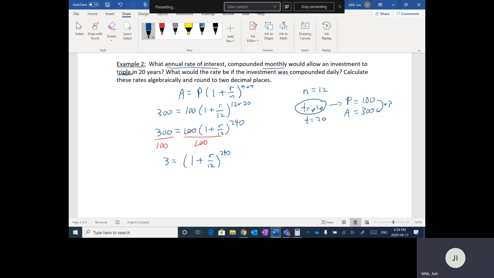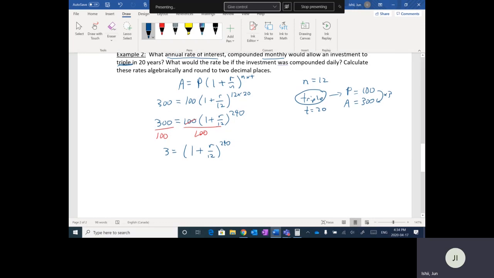This is where we have to get rid of the exponent. There are a couple of things you can do depending on your calculator. Your calculator might have a button which allows you to get the xth root of a number. Some calculators won't have that.